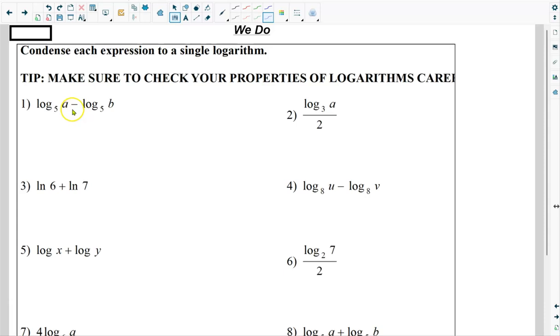So here, we're going to use the quotient property, log base 5 of A over B. Just so you guys can write it the way it's supposed to be written, imagine on your paper you have a line like this.